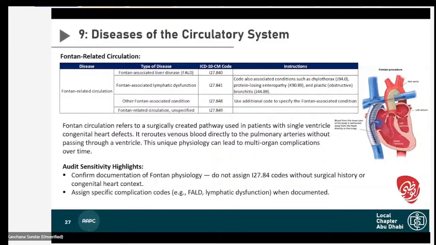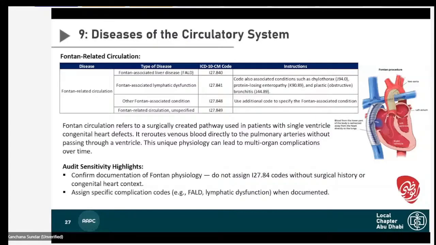So what they do to reroute that blood is to route it directly to the pulmonary artery. You can see that being emphasized in the image which I have added here. They have rerouted the lower body blood to flow directly into the pulmonary artery. You know that the pulmonary artery carries the deoxygenated blood to the lungs.